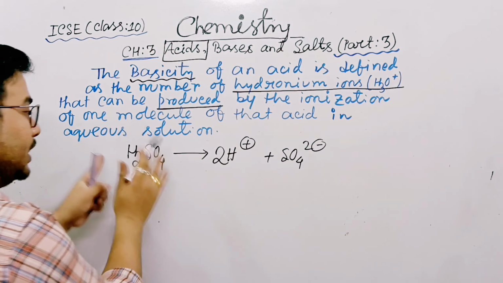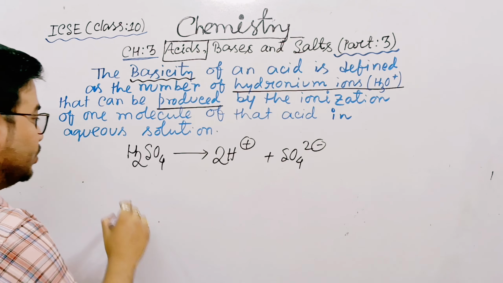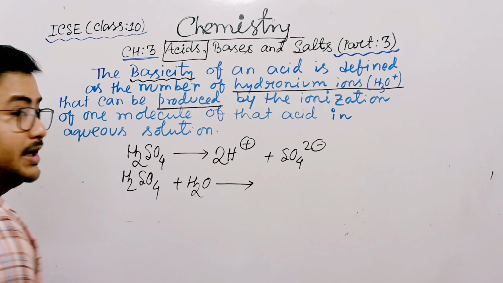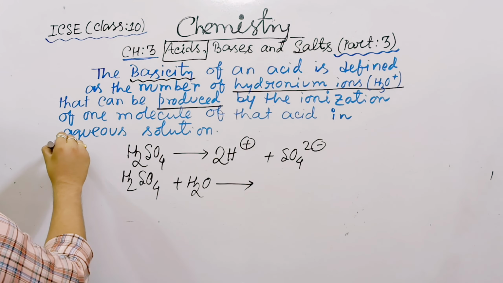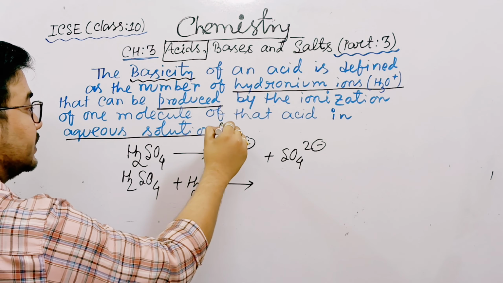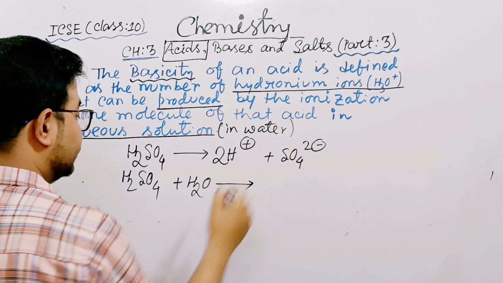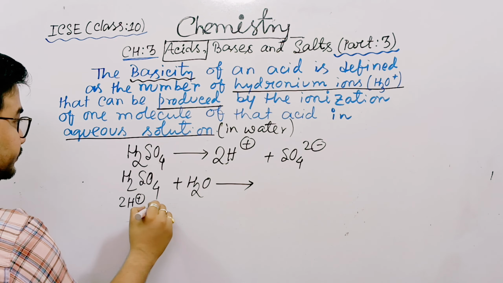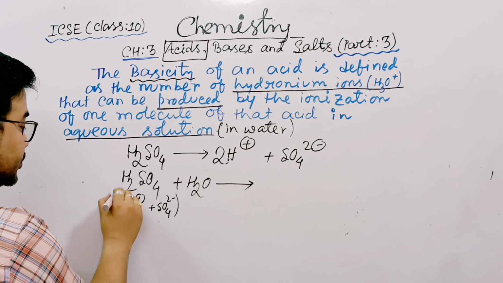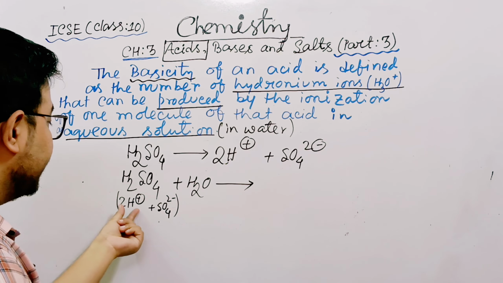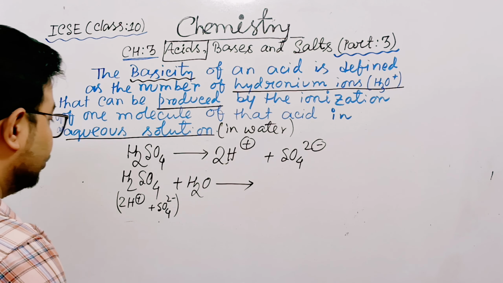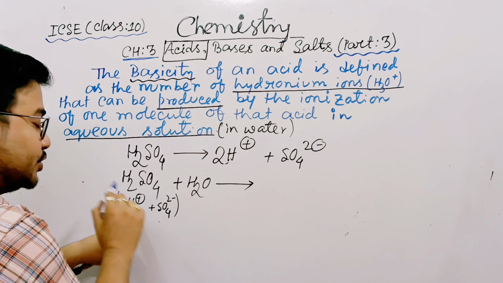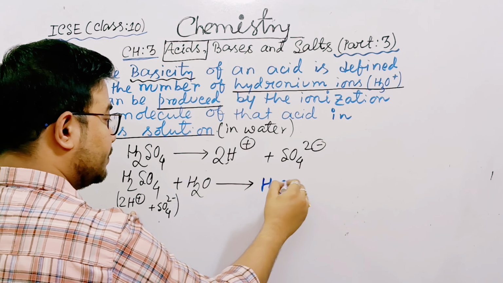So sulfuric acid already contains these 2 ions, but when you dissolve this sulfuric acid into water, read the last line, in aqueous solution means in water, it contains already these two, SO4 2-. Look at the board, it already contains how many hydrogens? 2. So here one water molecule, give focus, is attached with one H+. So we have H3O+.